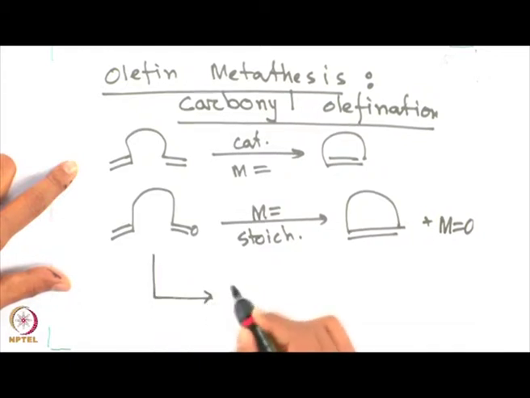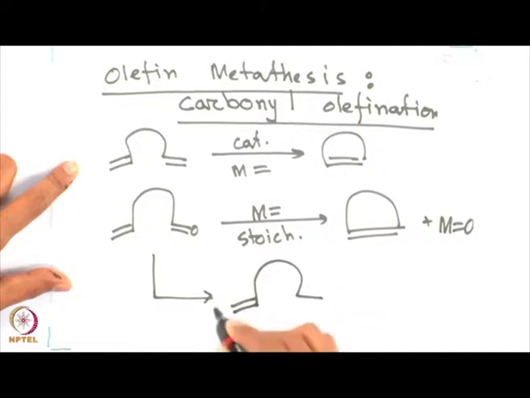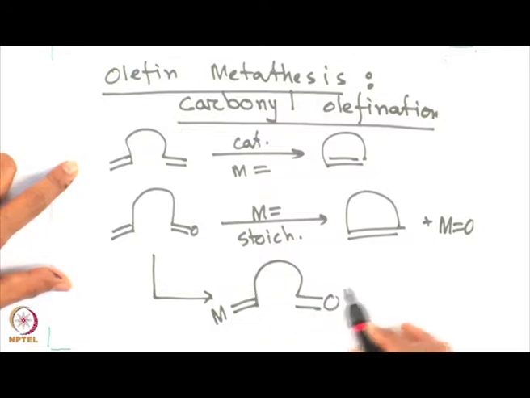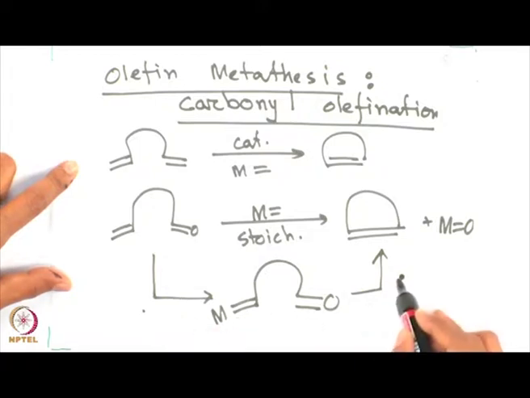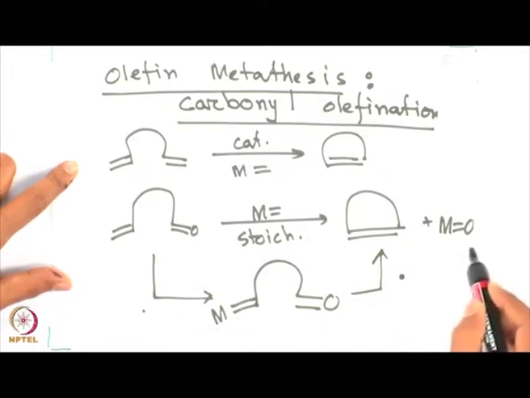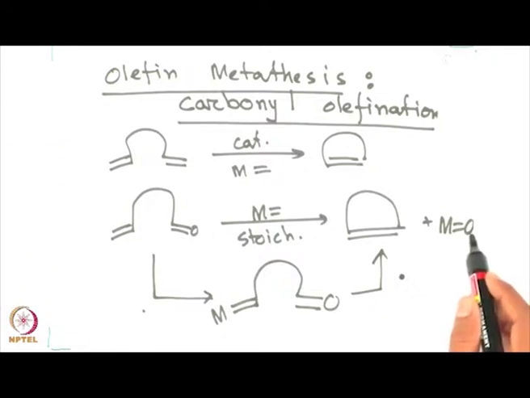The intermediate that is involved in these cases, as you can correctly predict, is the one where this olefin reacted faster to incorporate the metal into the substrate. Subsequently, this is 2 plus 2 and retro 2 plus 2 gives this one, once again 2 plus 2 and retro 2 plus 2 would give you the metal oxide as the intermediate.